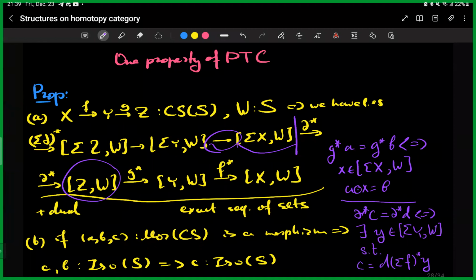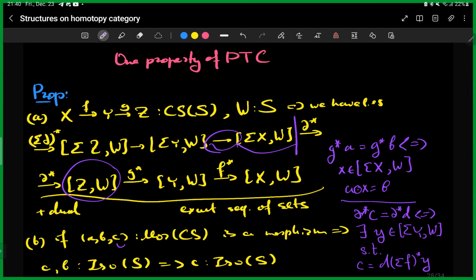Okay. So another thing is that if we have a morphism of cofiber sequences, meaning that this third term is equivalent with respect to the coaction, then if two of the morphisms A and B, the first two, are isomorphisms, then C is also an isomorphism.